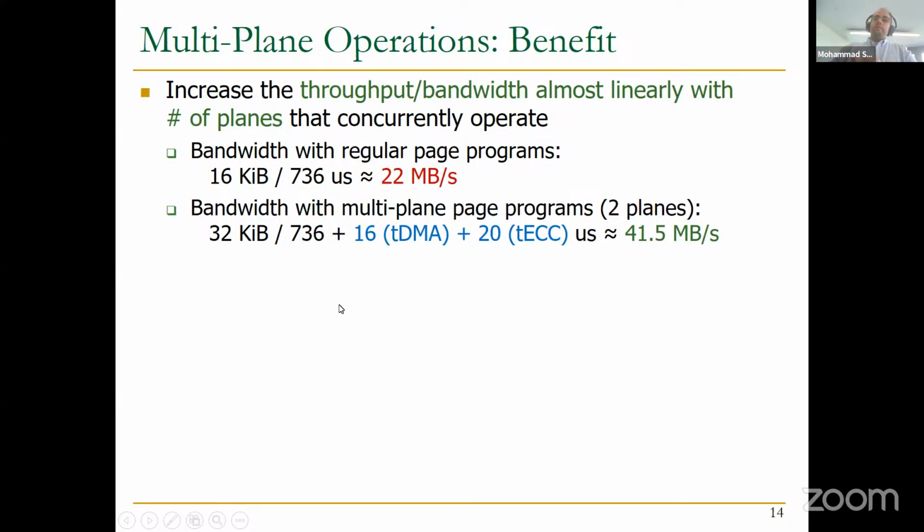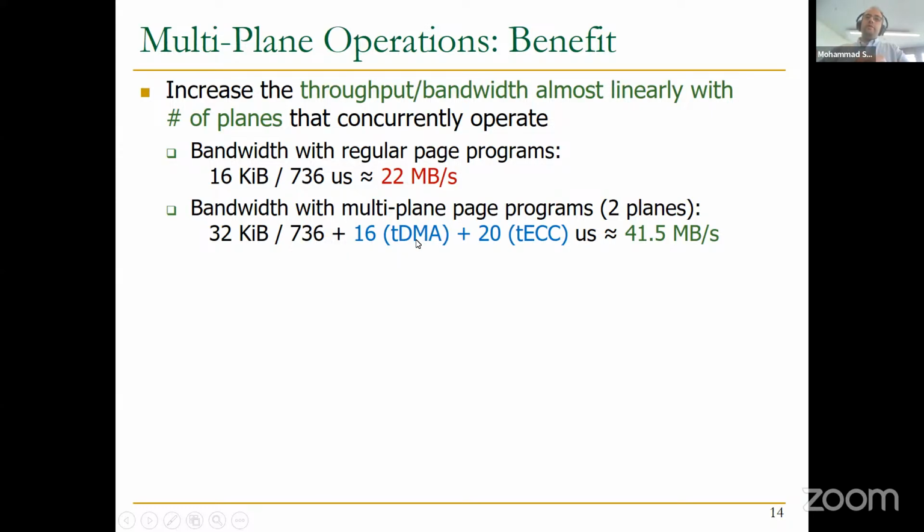But if you can program, for example, 2 planes at the same time, you need to program 32 kilobytes. The latency of the programming, the T-prog, is 736 microseconds, which is in parallel because you are doing this operation in parallel.